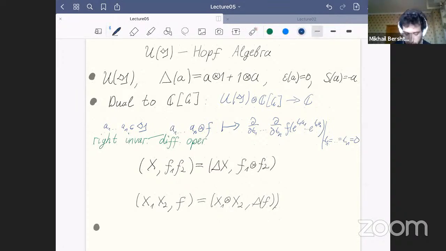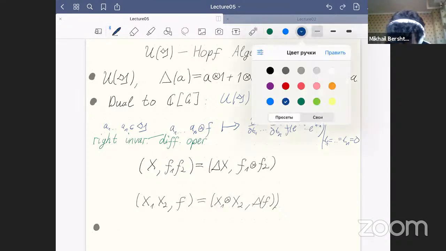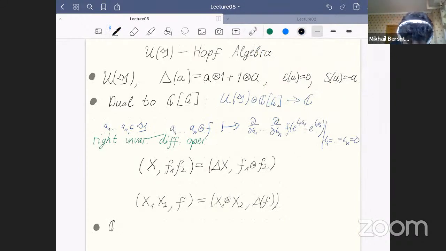For example, this duality leads to the following: our original algebra, C of G, the algebra of functions, is commutative. Contrary to this, the dual algebra U of G is cocommutative.